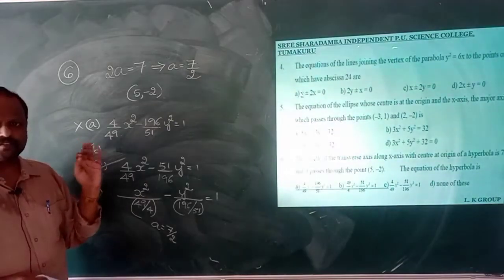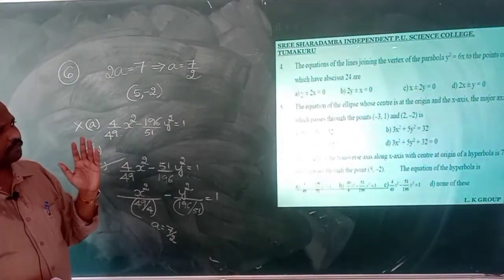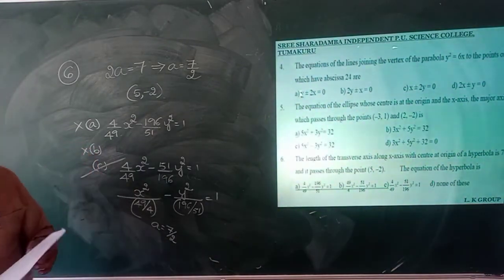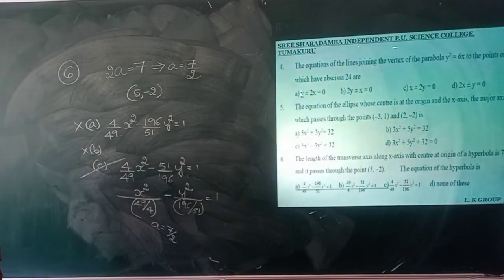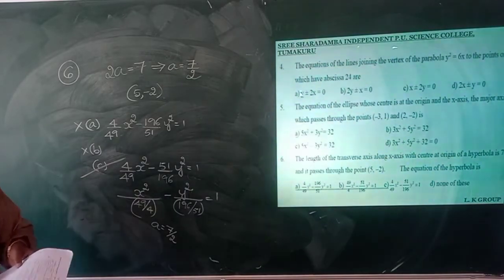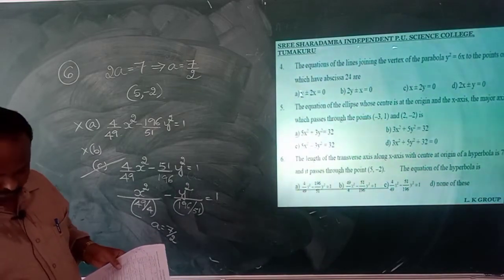So this is the easiest way of finding the solution for passing through problems. We'll go for question number 7.